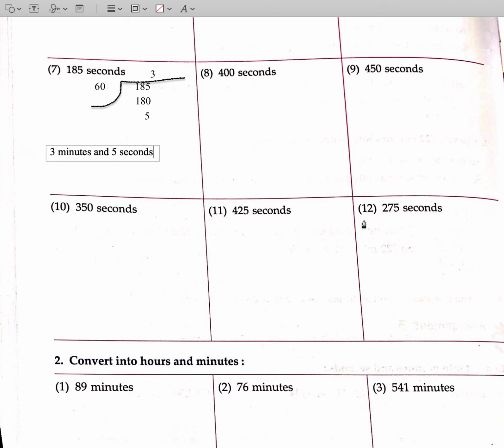Now we'll do the next one, which is the 12th one. 275 seconds into minutes and seconds. You have to divide 275 by 60. So we'll write 60 over here.